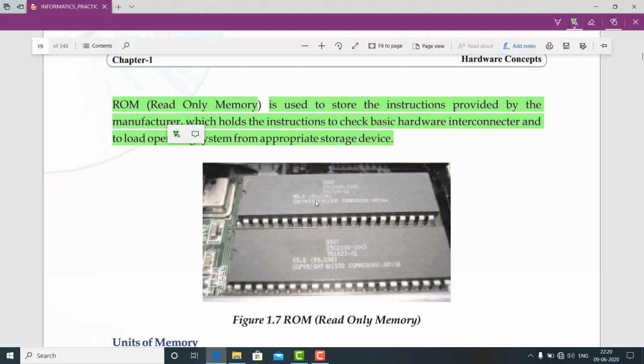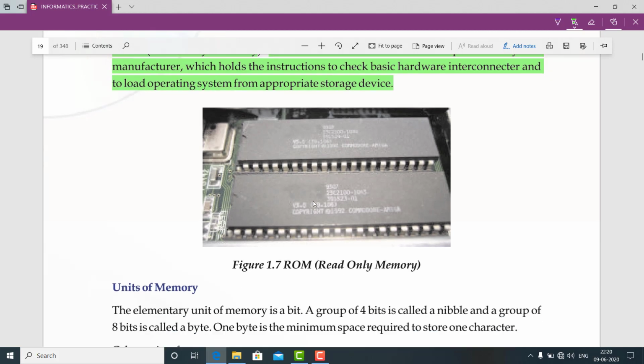It means if the power is off, its memory will be erased from the system. Clear? So that you also remember which one is volatile and which one is non-volatile: non-volatile is ROM and volatile is RAM.